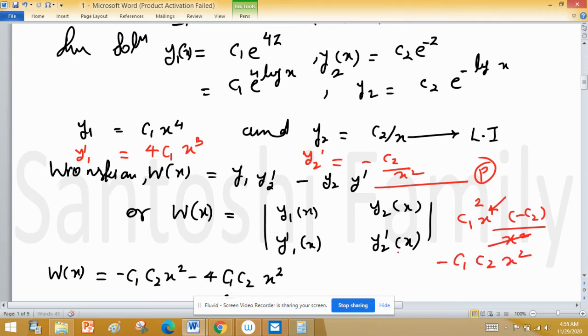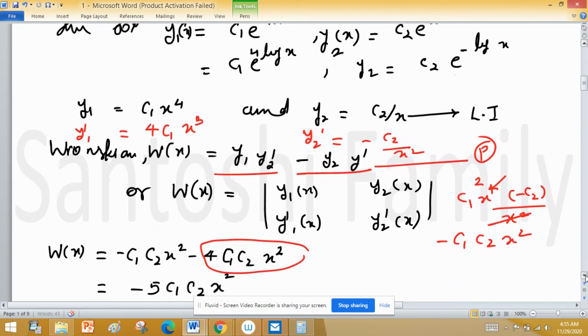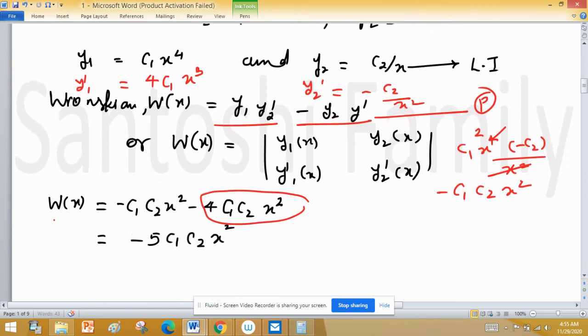This is the first term, and similarly you can find the second term. It will come out as 4 c1 c2 x². So the Wronskian function W can be written as −5 c1 c2 x².